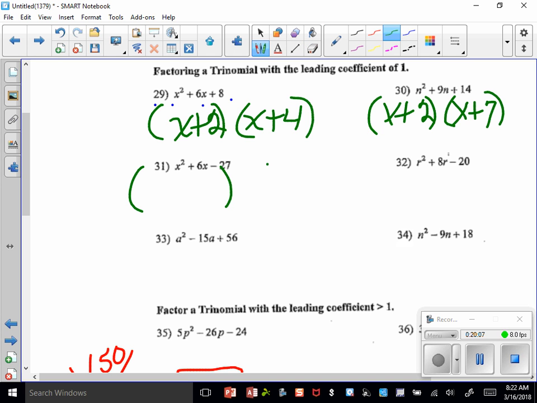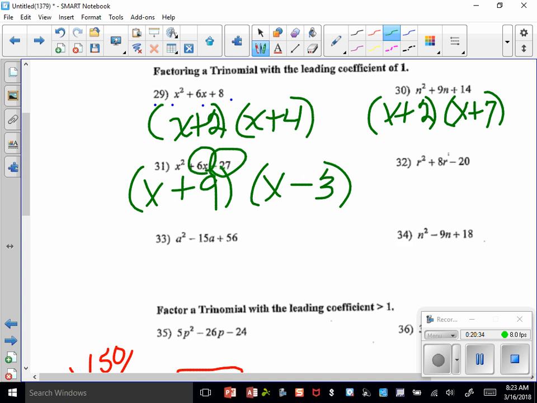Okay, so if we use 9 and 3, which one has to be negative in order to get a positive 6? Which one has to be negative in order to get a positive 6? The 3. Okay? Because the sum has to add up to a positive 6, but when I multiply them, still it has to be a negative 27. Okay?